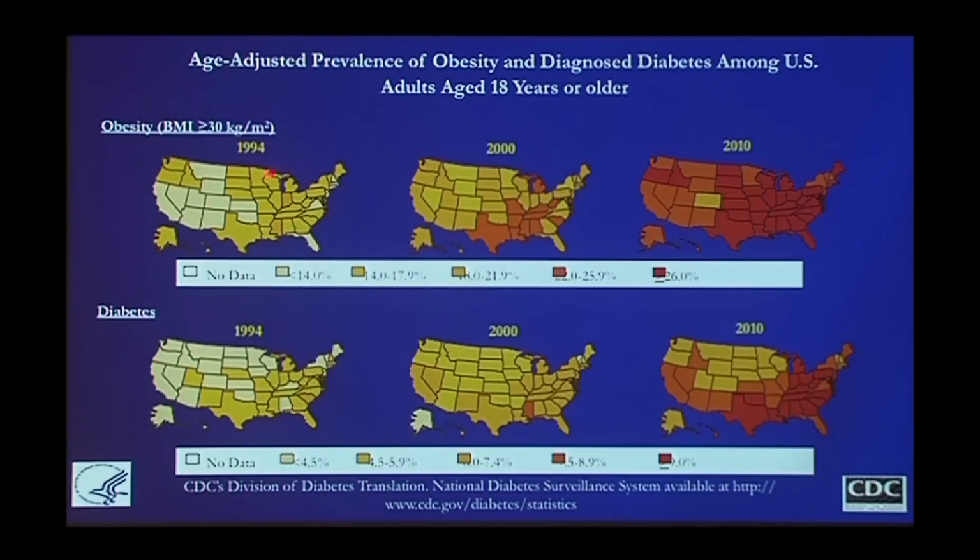So this is from 1994 to 2010. That's the current data that our Center for Disease Control has for us. And you can see the prevalence of diabetes really mirrors that of obesity, which is on the bottom here. And so our country is getting more and more obese, and as a result, we're seeing more and more type 2 diabetes. So obviously of great concern for the United States.